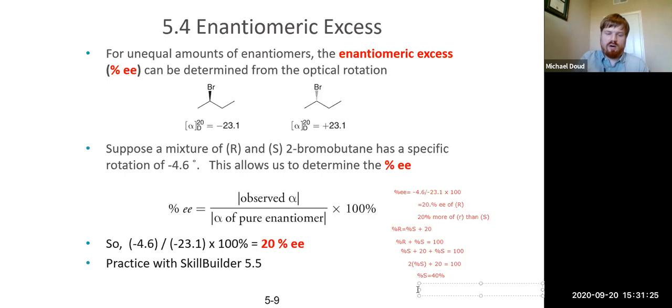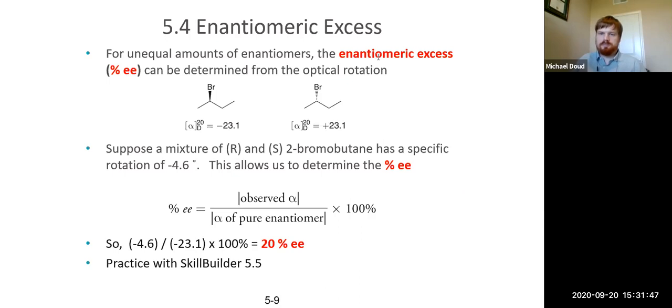So percent R equals 40 plus 20. So it equals 60%. So we know that our sample is 60% R, 40% S. Go ahead, we've got a bunch of sample problems. I recommend pausing the video, looking at those sample problems, and working on those now.